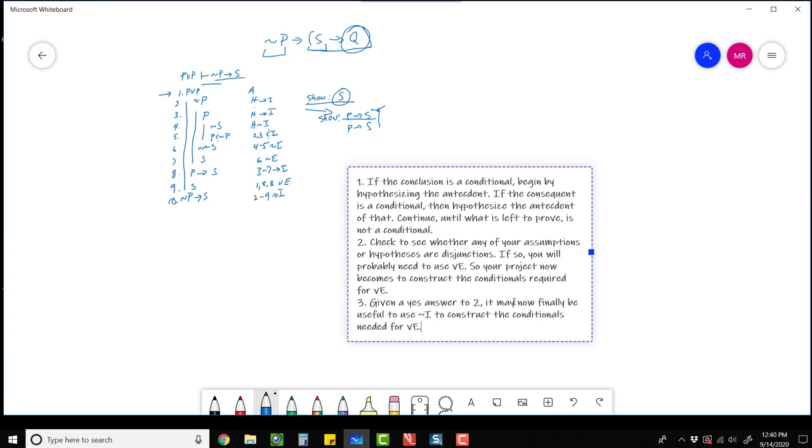Okay? So this isn't something that's going to apply to every proof. It's specifically proofs where you have a mixture of disjunctions and conditionals. This is the sort of flow chart you want to follow. And if you deviate from it, there are times when you'll be able to prove things that way, but there are other times when you're going to be stymied.